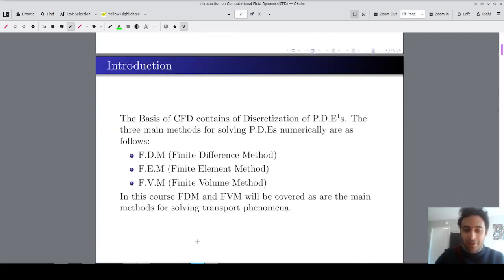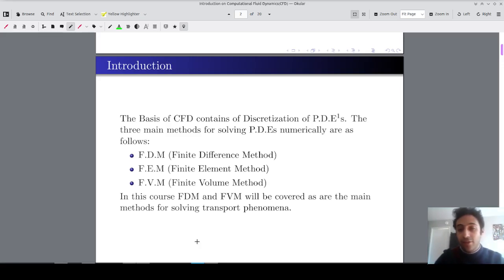CFD is a course about how to deal with governing equations of fluid mechanics. And fluid mechanics are governed by many partial differential equations. And as you probably know, dealing with this kind of PDEs is hard.